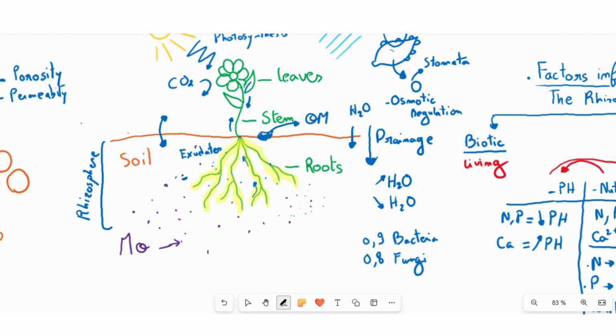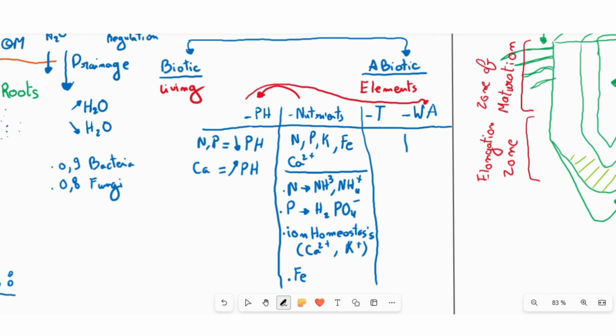And there's also the humidity that comes into play on the surface, but we're not going to dive into this too much. So water activity can be high or low, and it's going to affect growth.